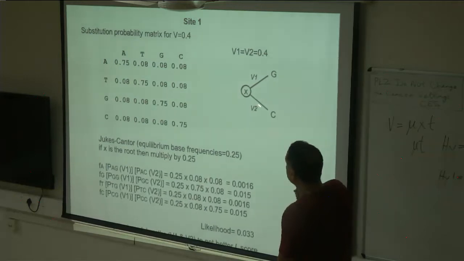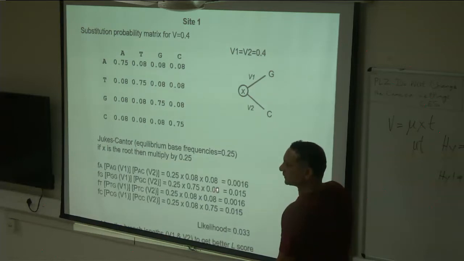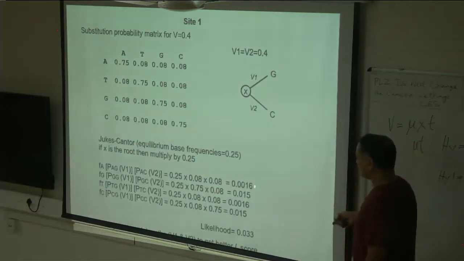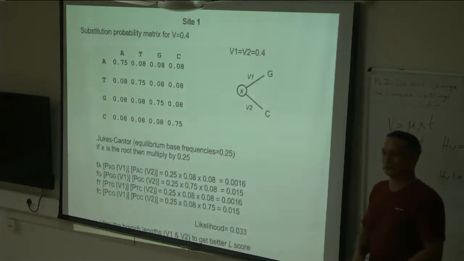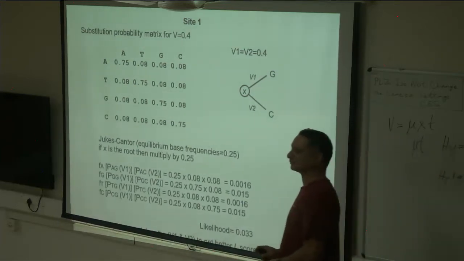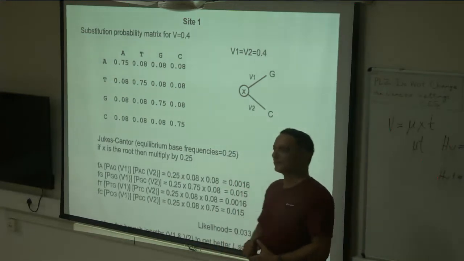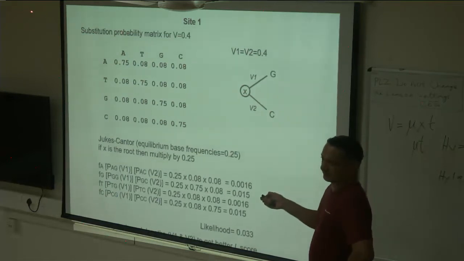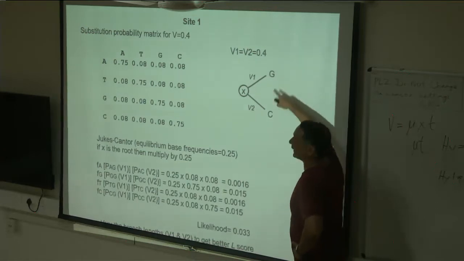And then along this lineage, G changes to C, 0.08. Similarly, you do it for T and C. You get the probabilities, you add them up, and that is the likelihood of this tree. Yeah, so that is the likelihood given this tree and Jukes-Cantor model that you will get this kind of data.